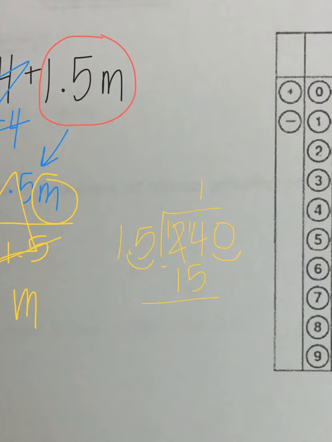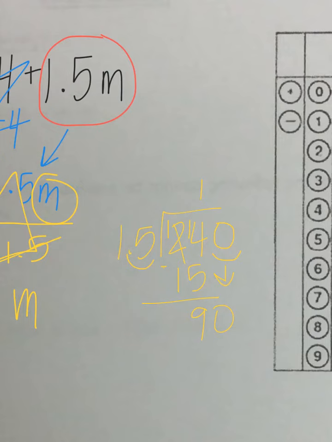I'm going to have to borrow there and regroup those numbers. So the 2 becomes a 1, and the 4 becomes 14, because I'm giving 10 over to that 4, so now it's 14. 14 minus 5 is 9, and 1 minus 1 is just 0, so I'm not going to write anything there. And then I bring down the 0.